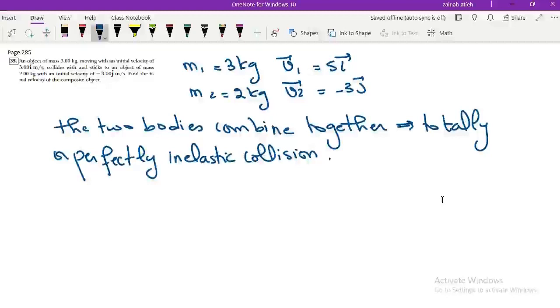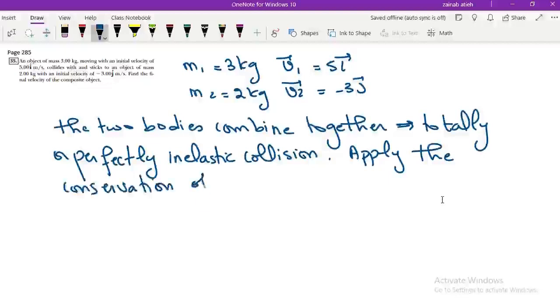If it is a collision, I can use the conservation of linear momentum. So apply the conservation of linear momentum.